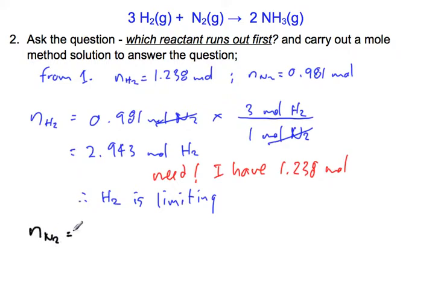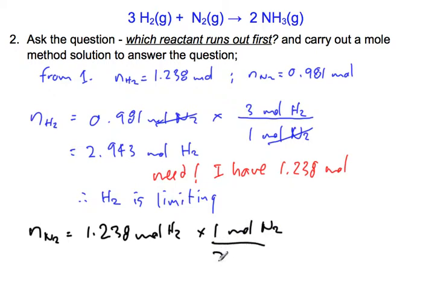nitrogen do I need? And so how much nitrogen, number of moles of nitrogen equals the molar amount of hydrogen, 1.238 moles H2 times an equation factor, which is going to be 1 mole nitrogen divided by 3 moles of hydrogen.